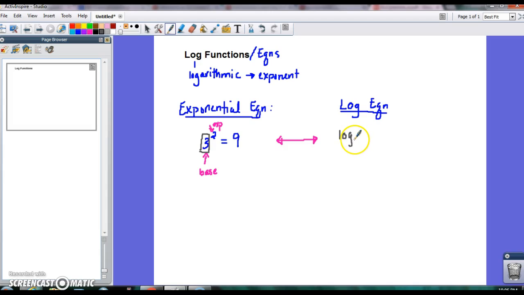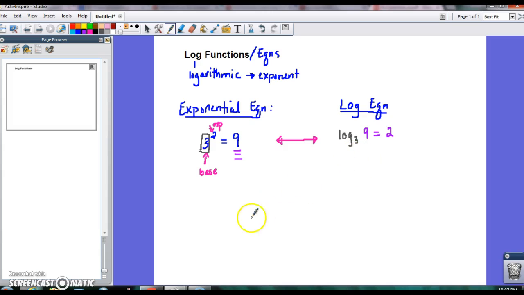Because it's a base, we write it as a subscript. The next part we write is that number, 9, and we say that's equal to our exponent. So our exponent goes on the other side of the equal sign all by itself.